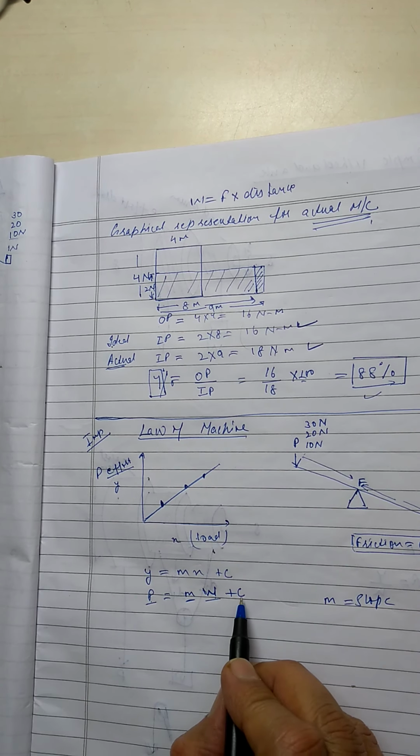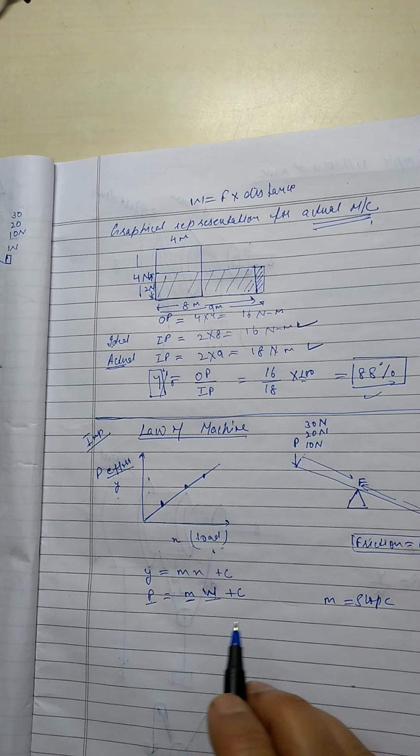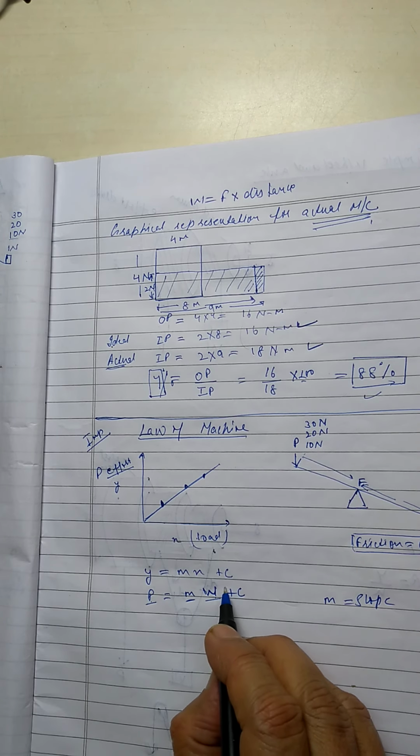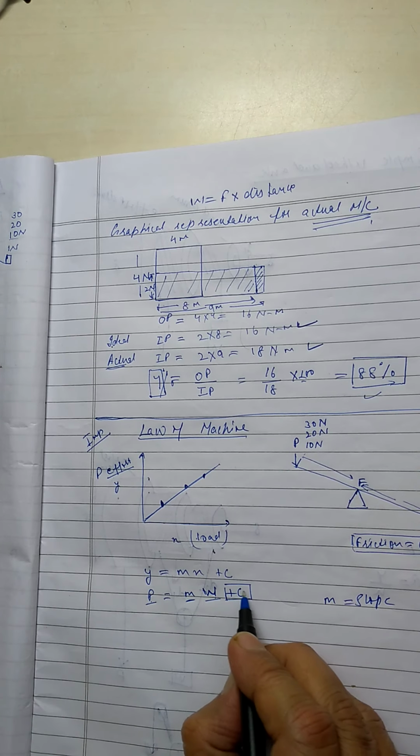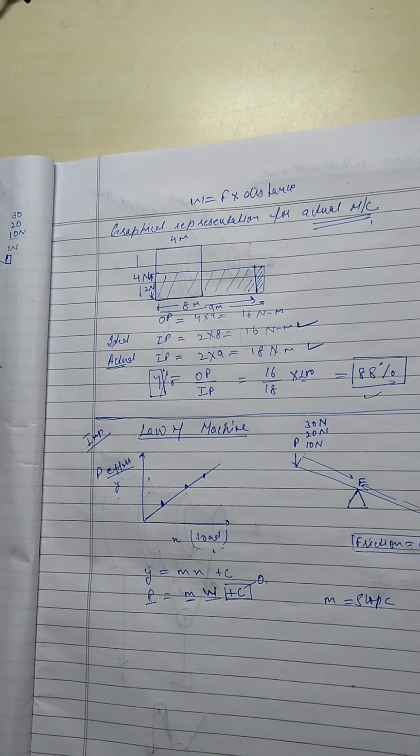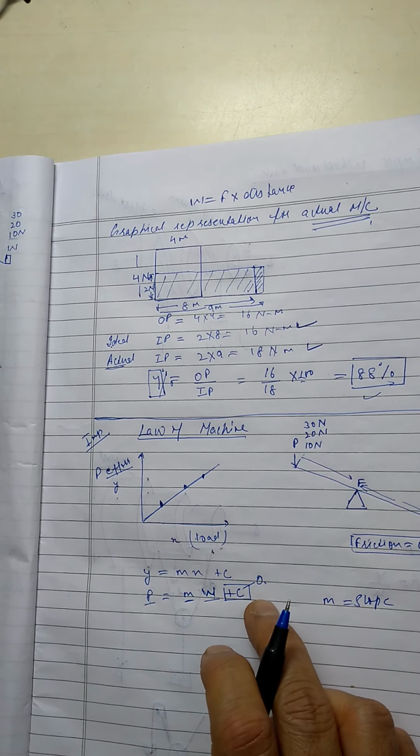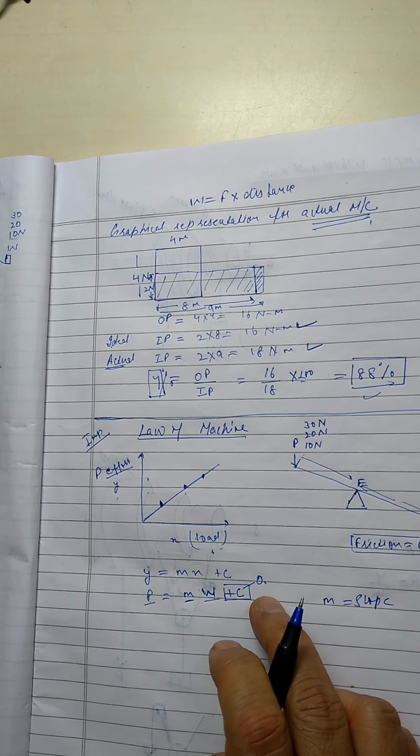What is c? In this case c is 0, and how it will be 0 you will know a little later.